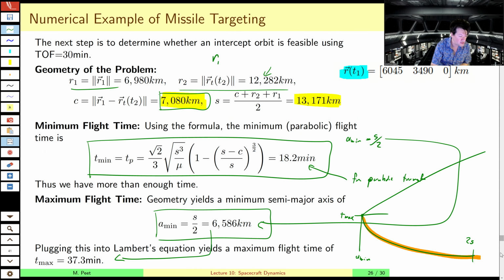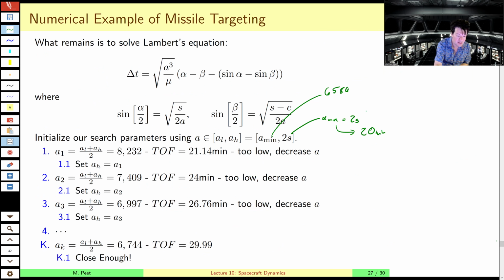It was 7,000, so this is going to be 14,000, our initial guess. We average those two, and apparently it's 8,000. That doesn't sound right, but maybe I chose something less than that. So our initial guess is 8,000 kilometers.